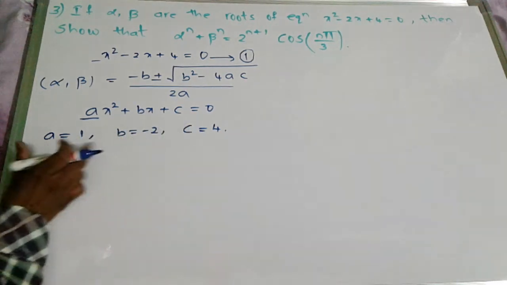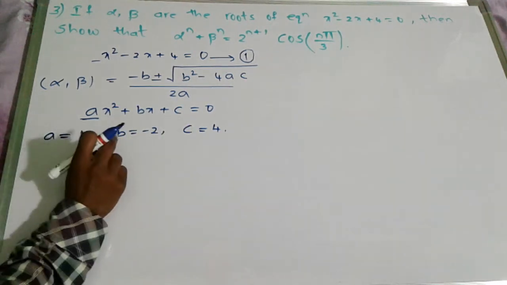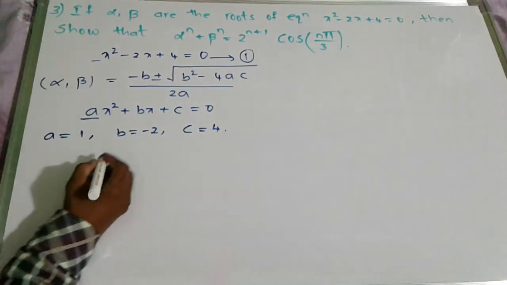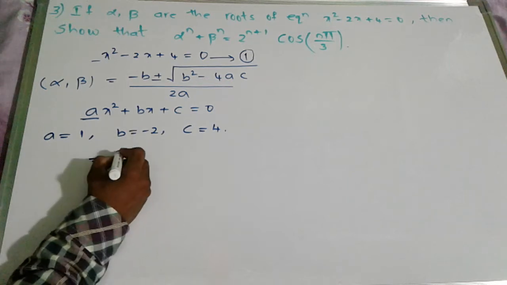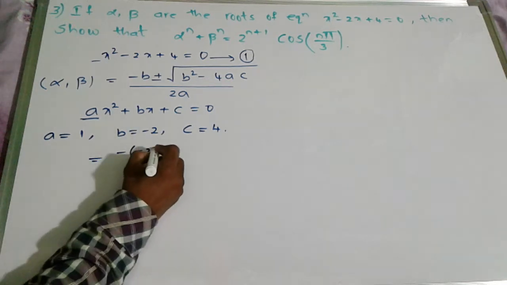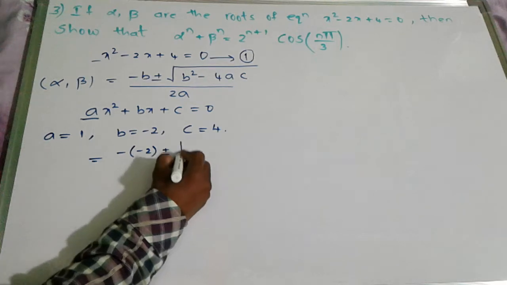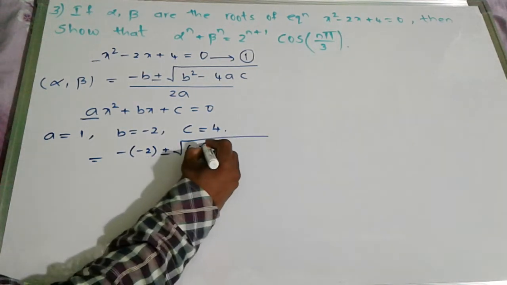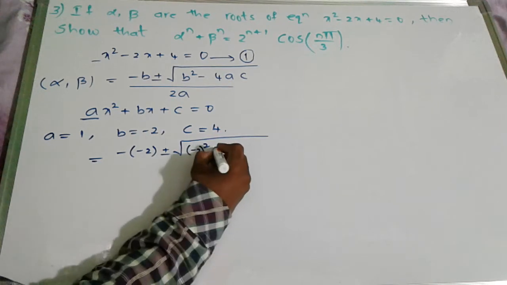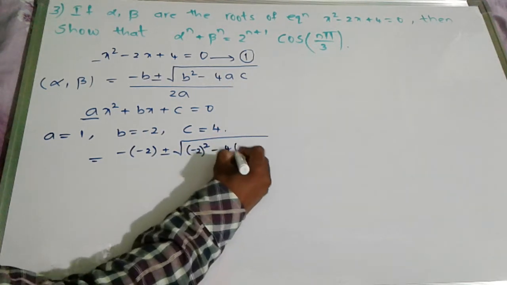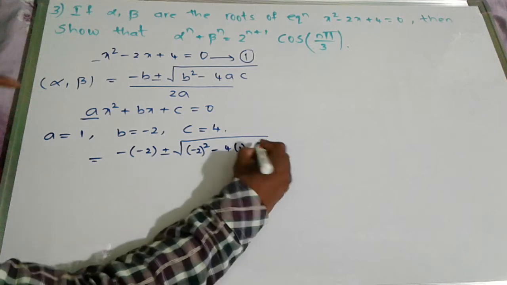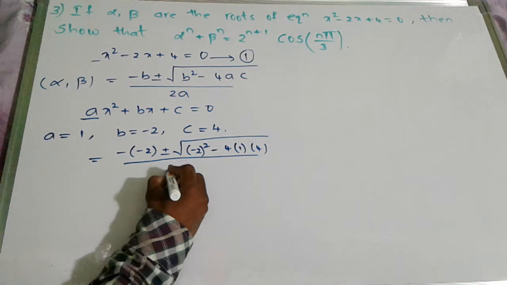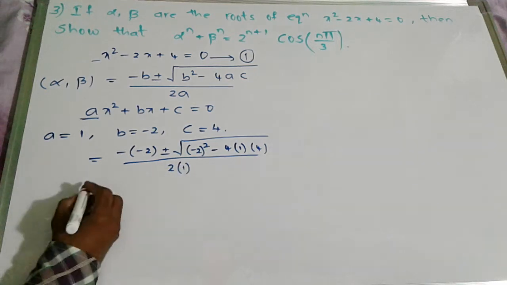So substituting these a, b, c values over here, we get alpha, beta. So let's do this. Minus of minus 2 plus or minus under root b square, that is minus 2 whole power 2, minus 4 of a value 1 and c value 4, by 2 of 1.